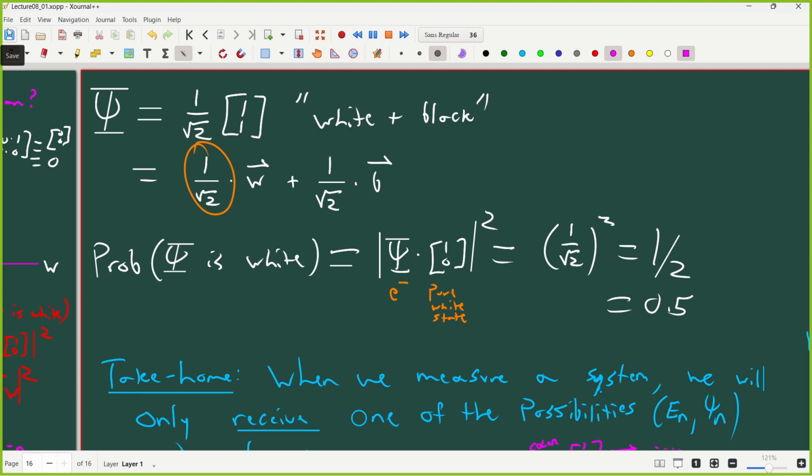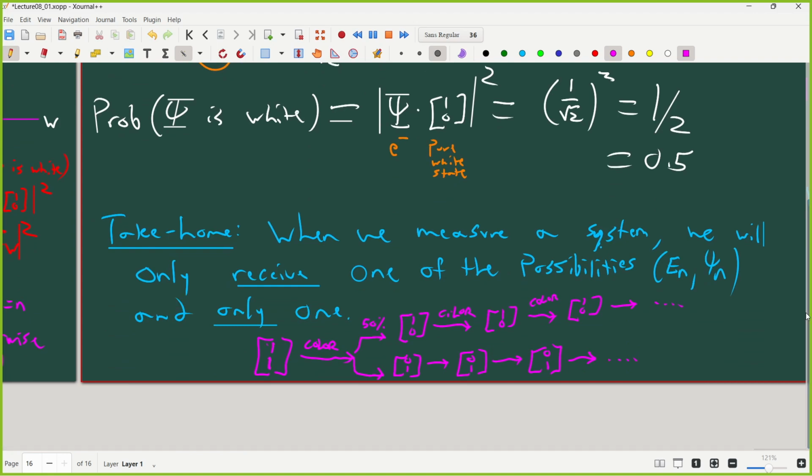We see a white or a black one, either or. And so the idea is that the initial state of our electron is both. Then when we make our measurement on our color box, the system collapses into one of the two possibilities, and we only see that one. And then that electron forevermore will always be that white or black electron.